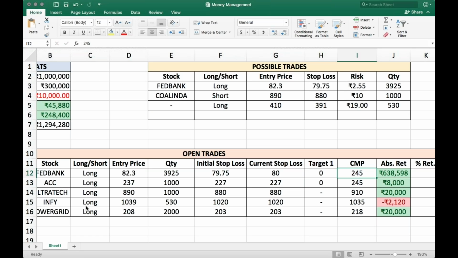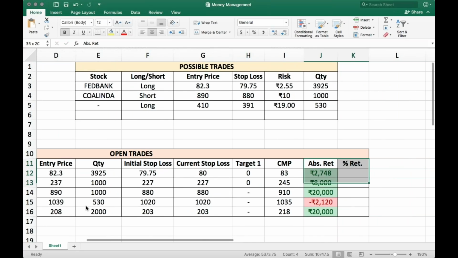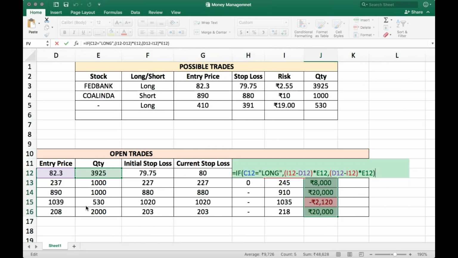The live version is in front of you. Done. Let's say for CMP, you bought at 82.3 and it has gone up a little bit, to 83. Once you feed till here, these two columns you leave, you don't have to do anything. These are automatically calculated. This return column in rupee terms, you don't have to do it. It's a formula, just leave it as it is.